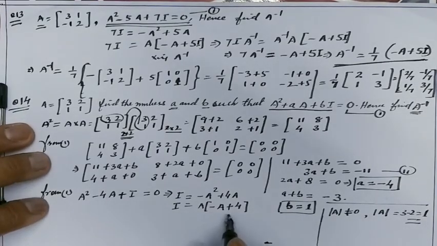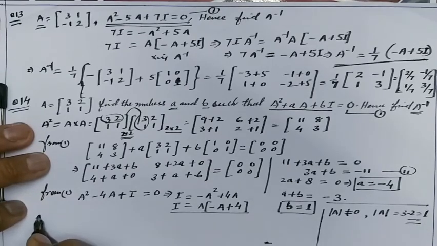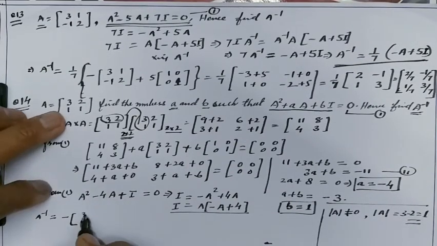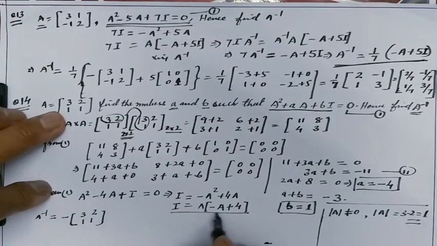So now multiplying both sides by A inverse to this statement, we will get A inverse into identity matrix, A inverse, is equal to A inverse into A identity matrix, and then minus times matrix A, which is equal to 3, 2, 1, 1, and plus 4.